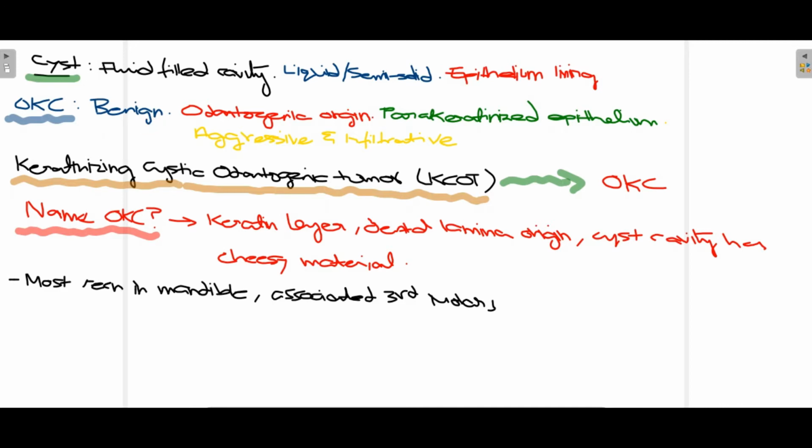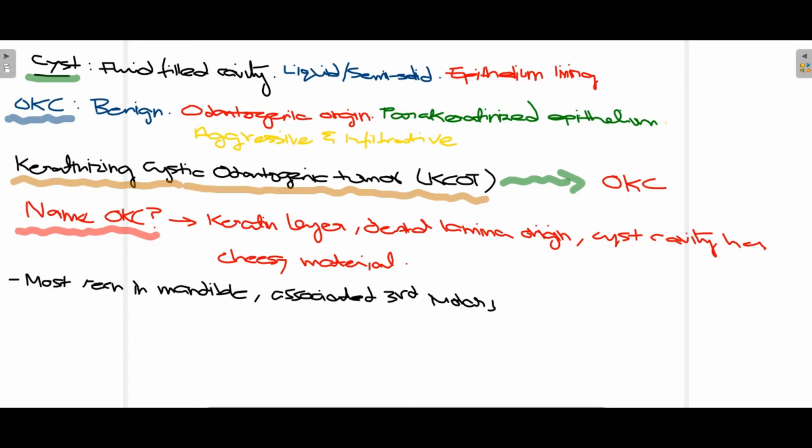Both cases are present. Now, when we focus on odontogenic keratocyst, that is OKC in short form, it is a benign cyst, which means that it is localized and does not invade, which is the characteristic feature of malignancy, a malignant tumor. The origin of odontogenic keratocyst is from odontogenic epithelium. It is parakeratinized. The surface of the OKC is parakeratinized. There is keratin present in the epithelium and it is aggressive along with infiltrative.